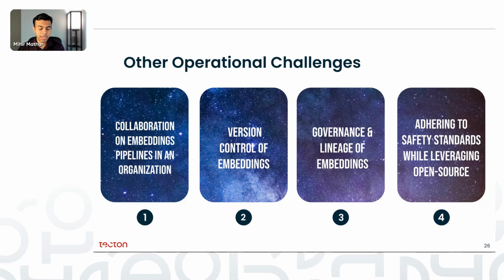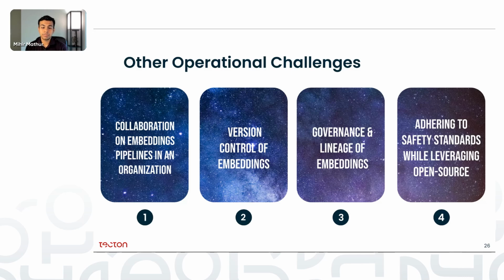Let's say an item embedding. And so what you want to do is easily collaborate, share ideas, share code, and easily be able to see other people's work, even if you can't really edit it. And so this is an operational challenge that a lot of large organizations face.